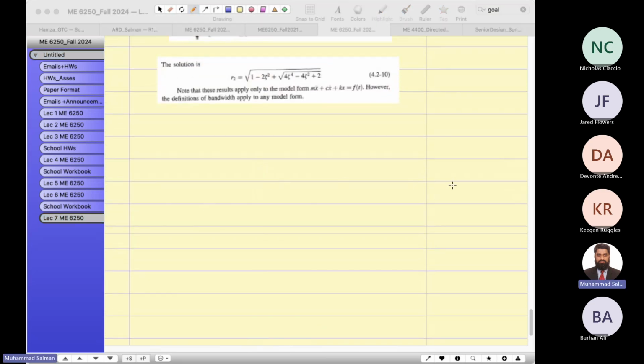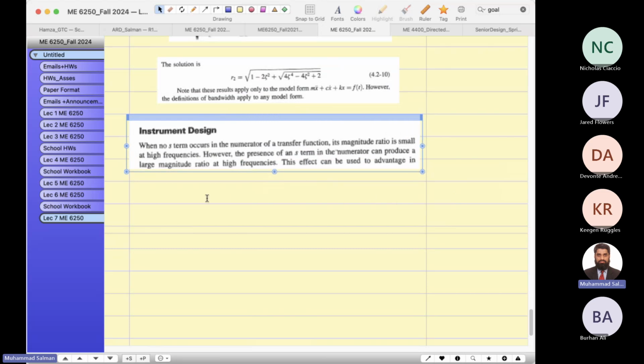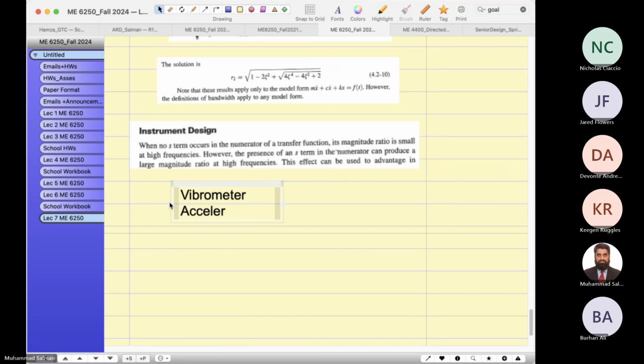Now, in regard to the bandwidth, you will see it when you design a vibrometer or accelerometers. What is the range in which you can find the displacement, which is known as a vibrometer? Let me write down this word, instrument design for vibrometer and accelerometers.